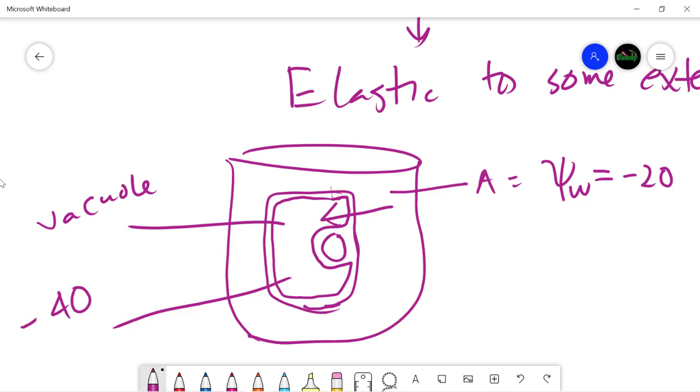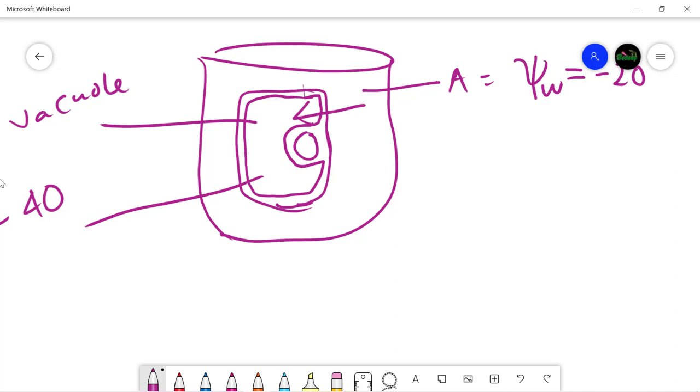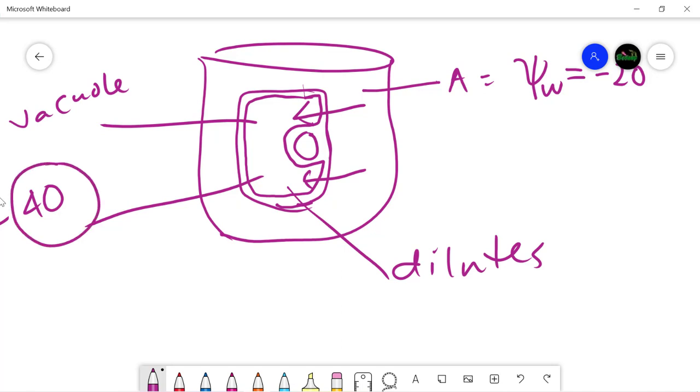When the cell stretches, because the cell wall is elastic to some extent, a certain amount of water enters the vacuole or inside the cell, and the entry of that water dilutes the cell sap, and this dilution means that more free water enters and it raises its water potential.